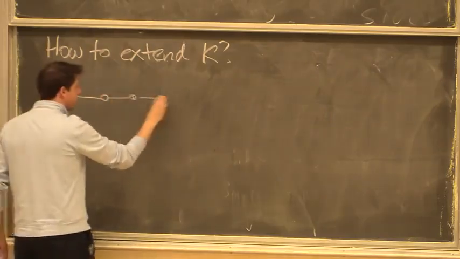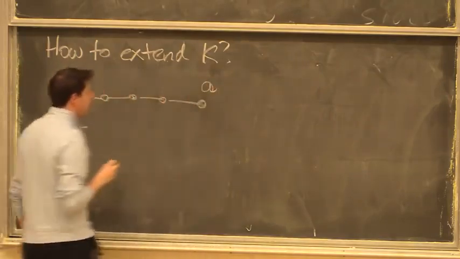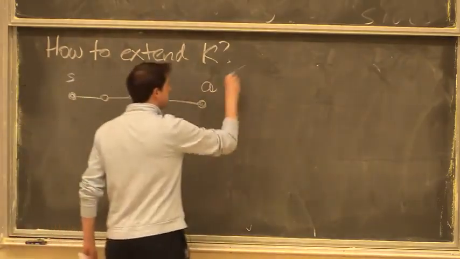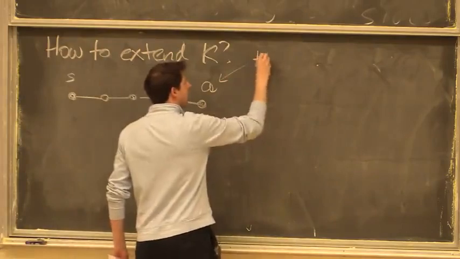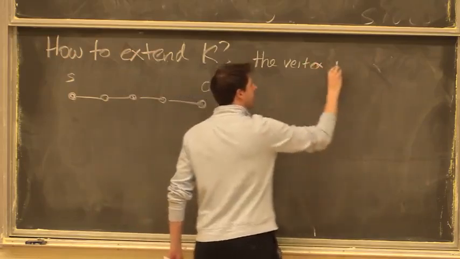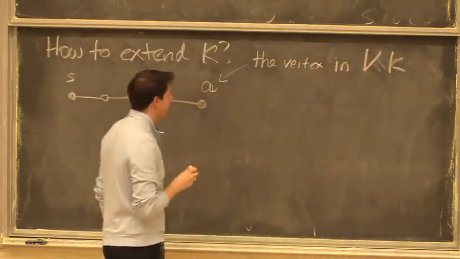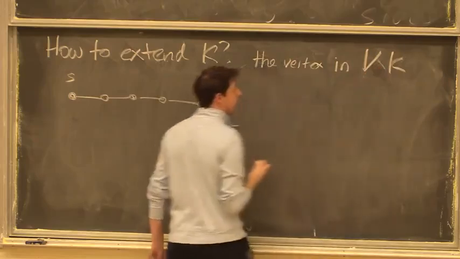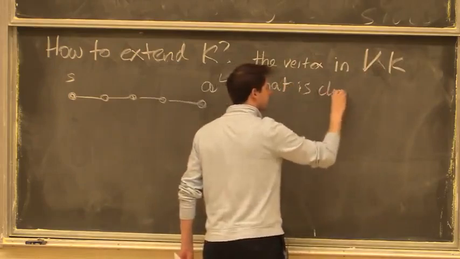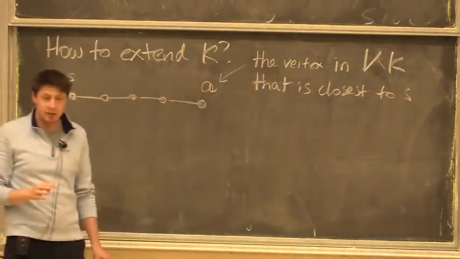Let's look at an arbitrary shortest path that goes from S to A. And now we're going to look not at just any A, but we're going to set A to be the vertex in V minus K, so anything that is not in K, that is closest to S. We're just reasoning right now.